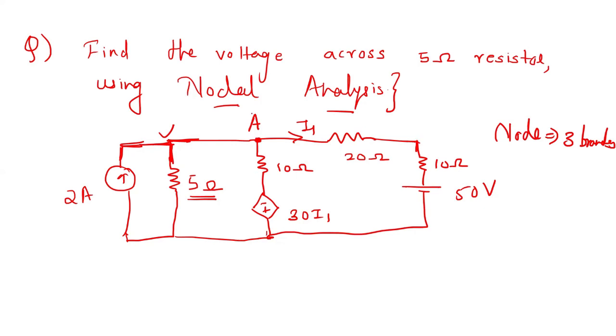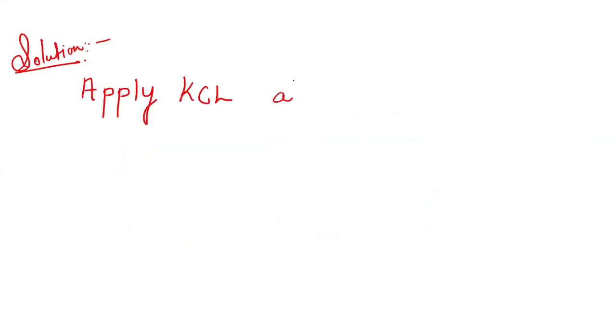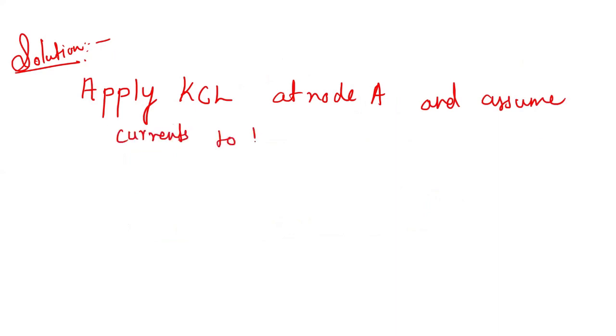So we have only one node in this particular question. So apply KCL at node A and assume currents to be outgoing.